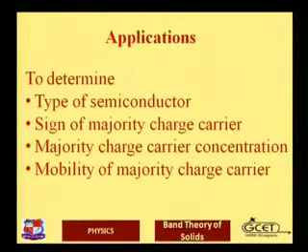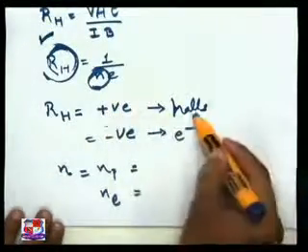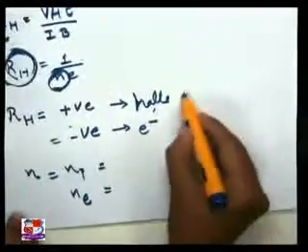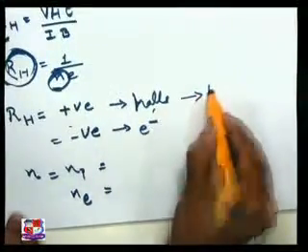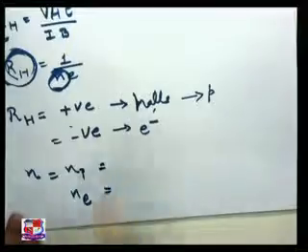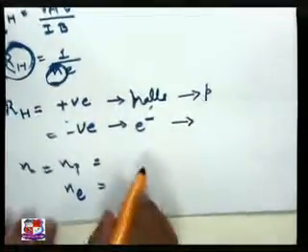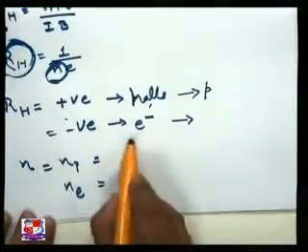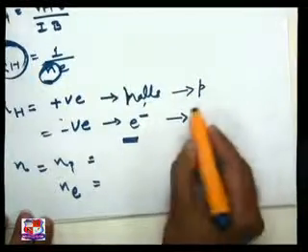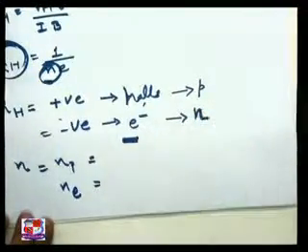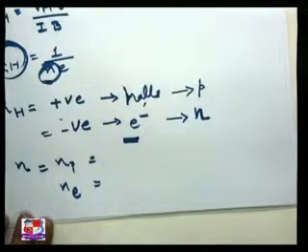If the RH value is positive, the majority charge carriers are holes, and then the semiconducting material is P-type. And if the RH value is negative, majority charge carriers are electrons, then the semiconducting material is N-type material.